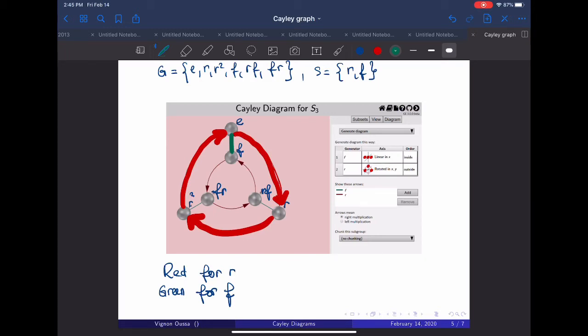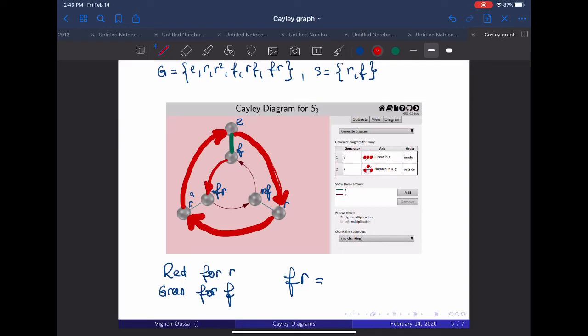But notice that if we take FR, how do we get this? We'll need to multiply F by R. So we'll take this red here, and then we'll multiply by this.